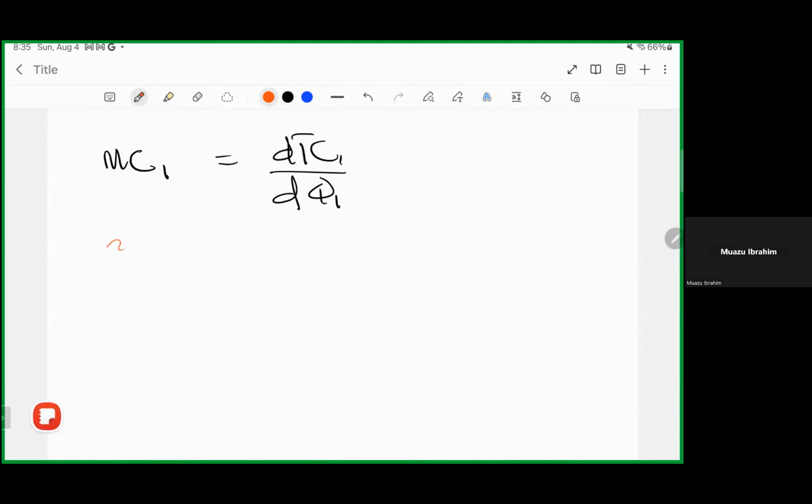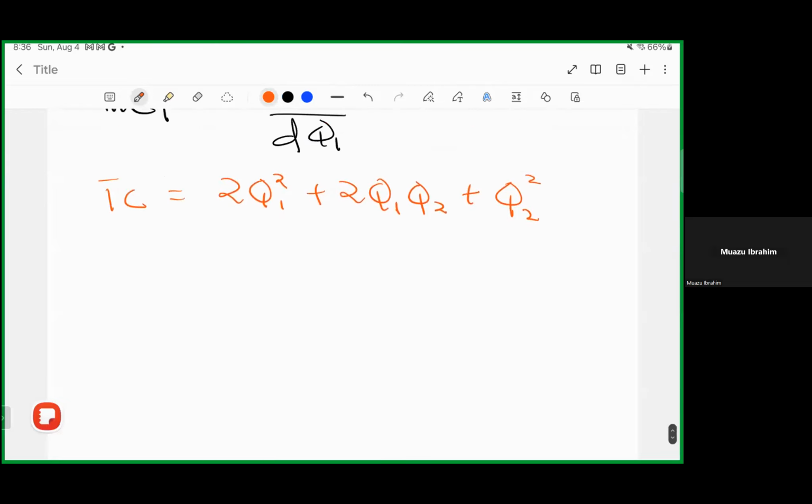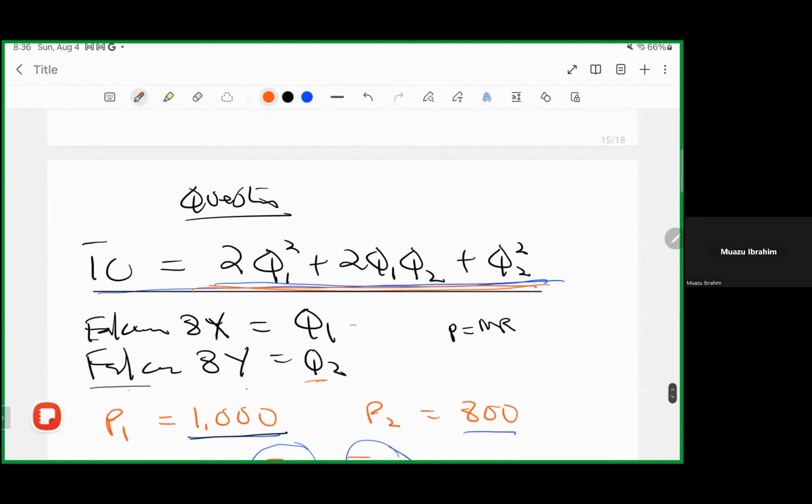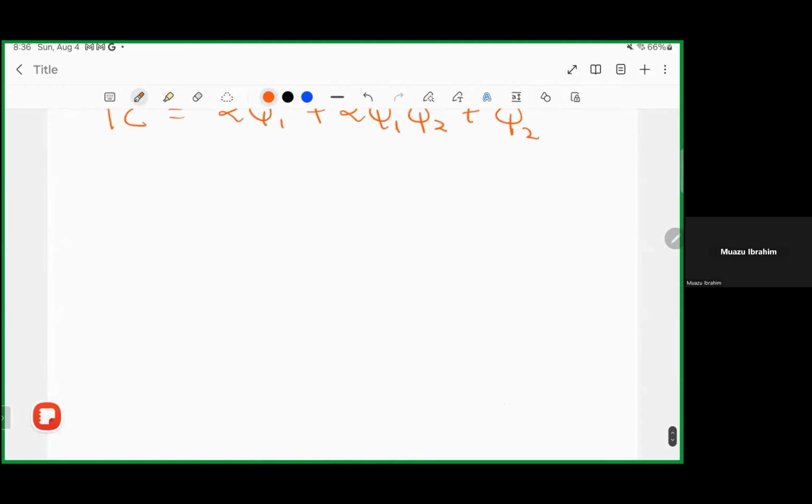Total cost is 2Q1 squared plus 2Q2 squared plus Q1Q2, which is here. So now let's proceed.